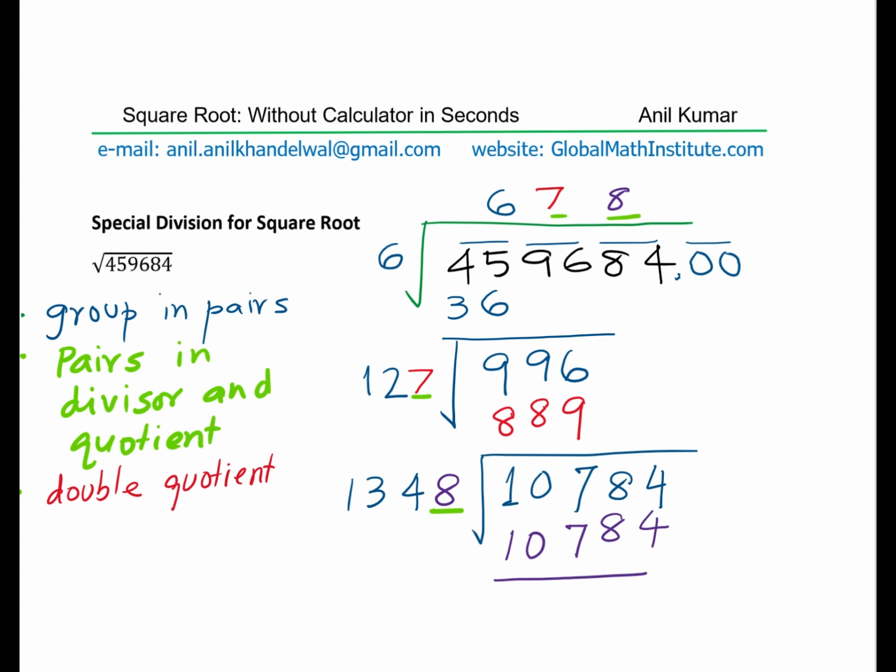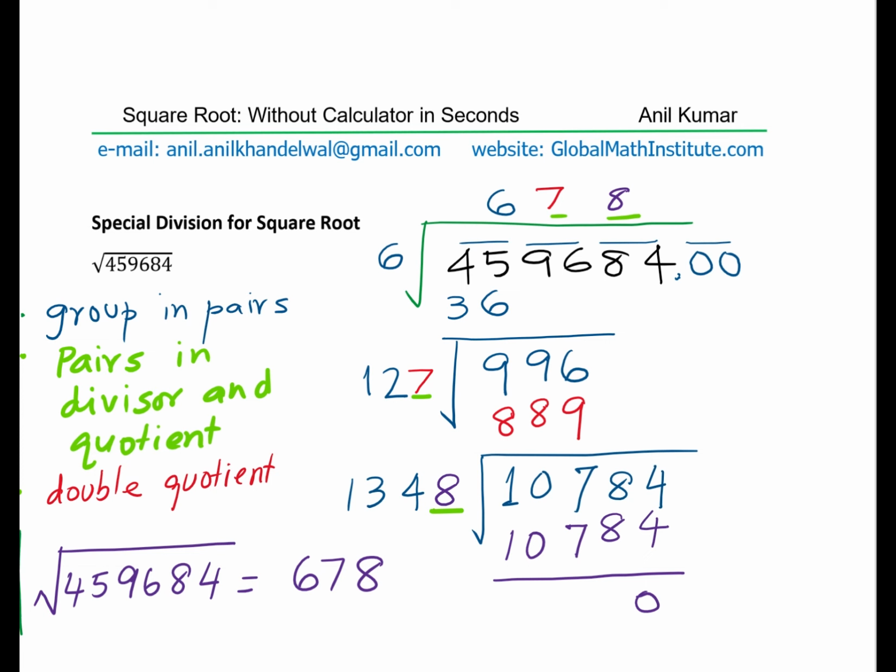So exactly it goes, 0 is the remainder. So we can say that the square root of the number 459684 is equal to exactly 678. Perfect. So I hope you have understood this process.